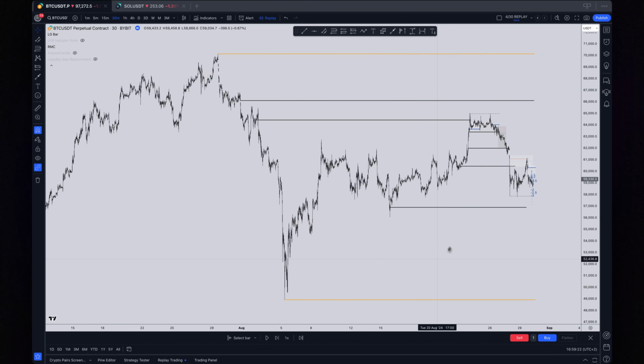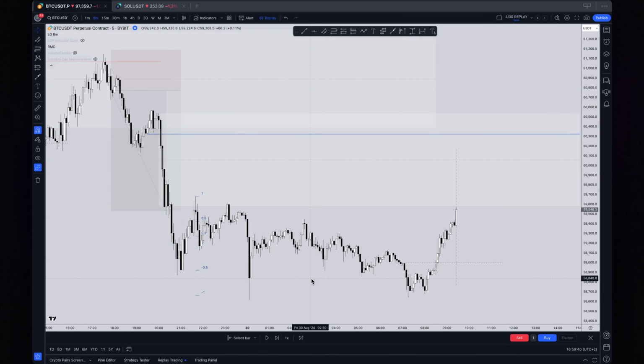Because that could mean we're going to go above there. But for now, I just want to see it go up into this area.